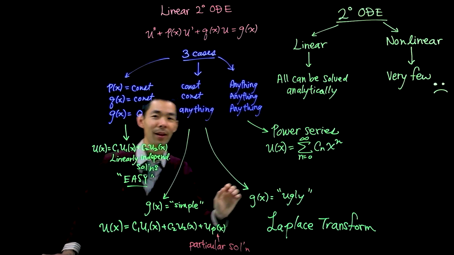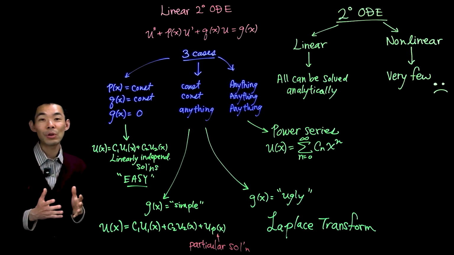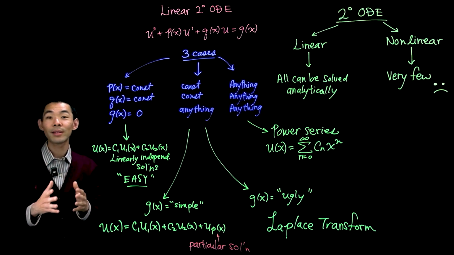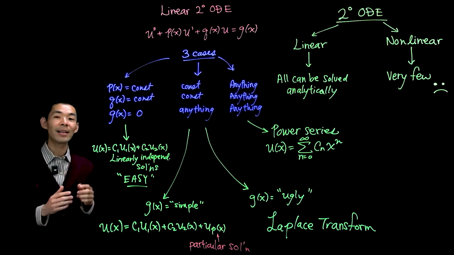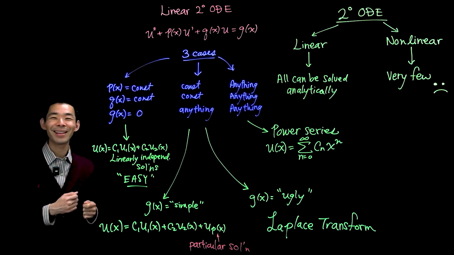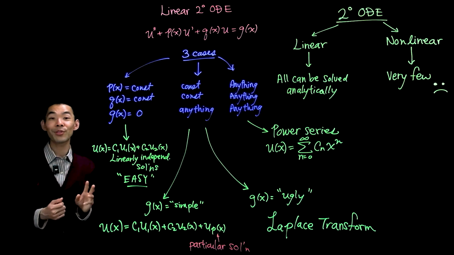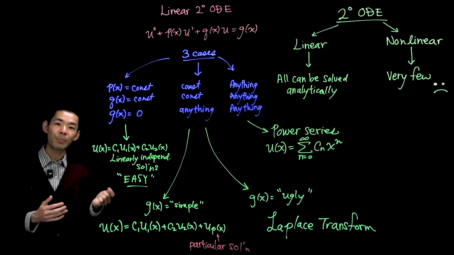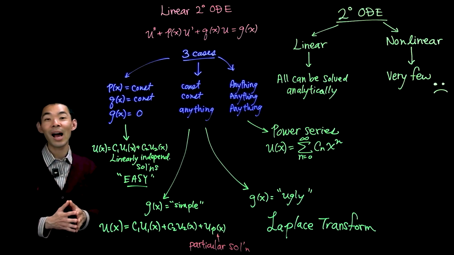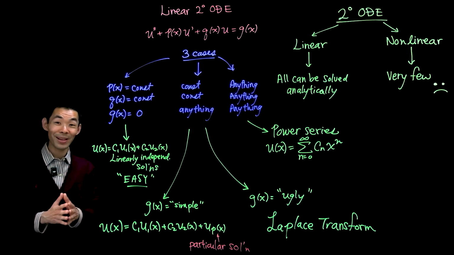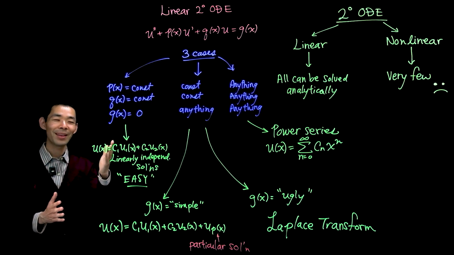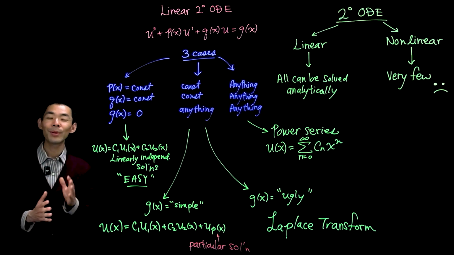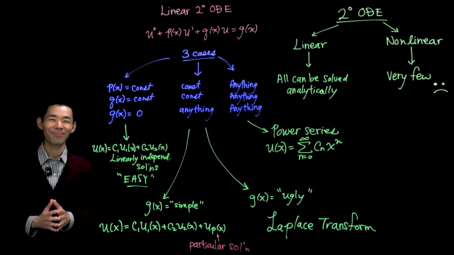What we're going to do is expand our solution, the solution you want, u as a function of x, as an infinite summation of polynomial functions of x. So we have x raised to the n power. We put coefficients c sub n out in front that we can uniquely determine based on our equation, and sum them all together. So it's called the power series, which we will also cover in a little bit.